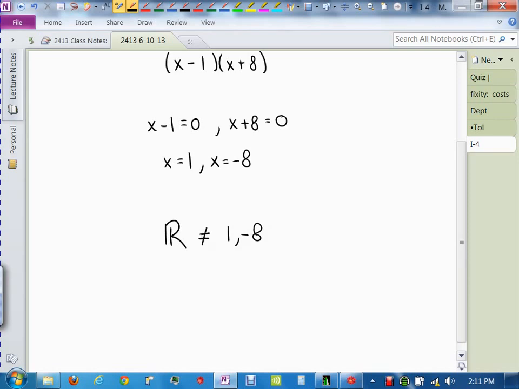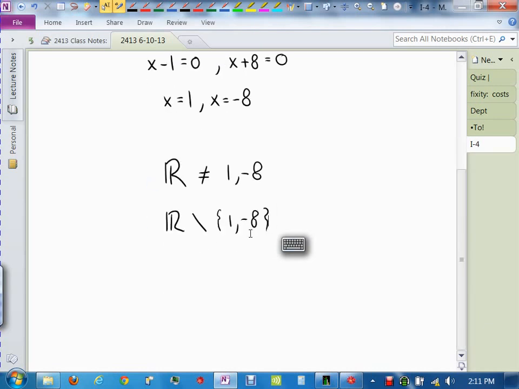I'm not sure that would be as precise a notation as we'd want. I know what you're trying to say. All real numbers except the set 1, negative 8. That would be proper. Because this says all real numbers, take out these 2 points. Not equal. I understand what you're saying, but that's not the way we would write it mathematically. Okay, that's one way to write it.